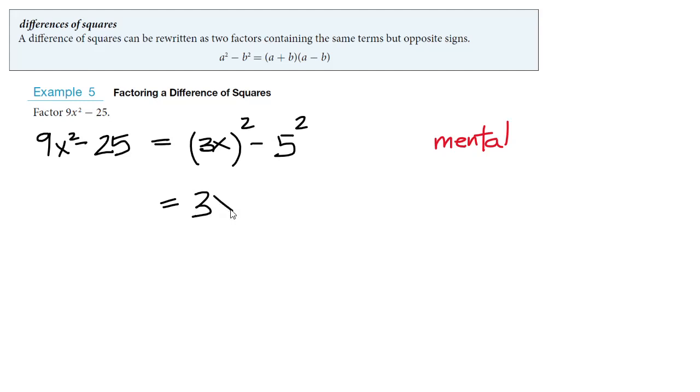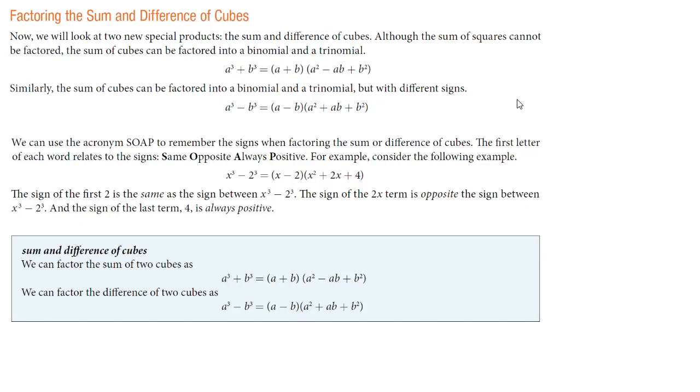So that means I have 3x plus 5 multiplied by 3x minus 5. And of course, if you were really careful, you could check that by FOILing it out, but it does work, it is correct.